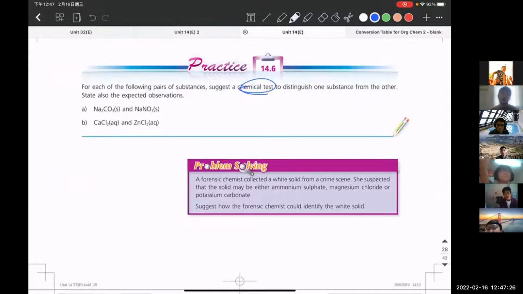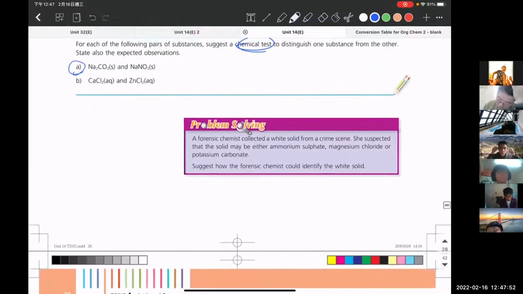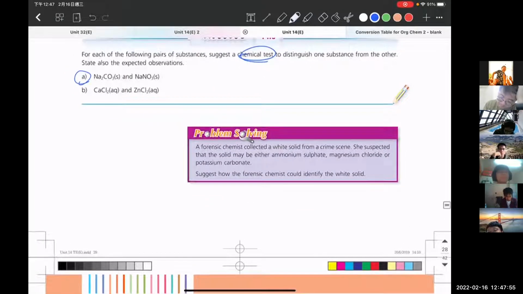How about a class practice, 14.6 A part? How would you distinguish which is which? To the solid, I add what?